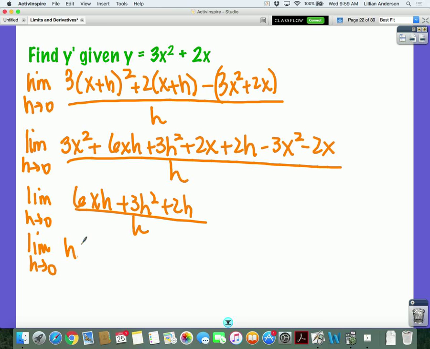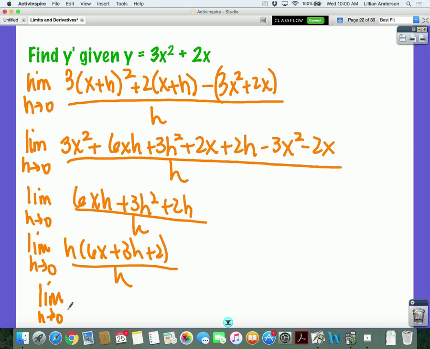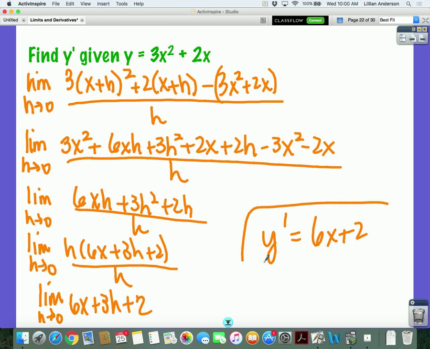So then take out an h, cancel out, and evaluate the limit as h approaches 0, which leaves you with the derivative, y prime, which is 6x plus 2. Who got that? Good stuff. All right, do the next one.